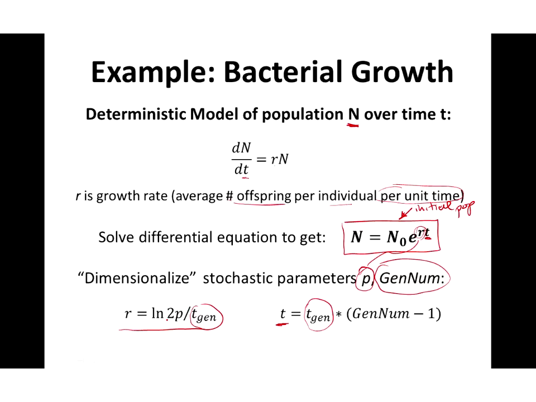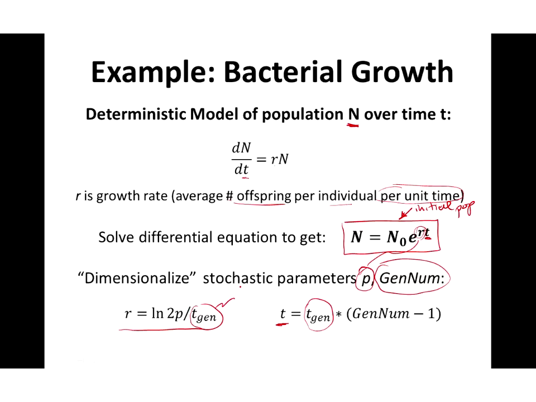The log 2p requires a fancier statistical mathematical argument that I don't have time to do here, but you can take my word for it, and we'll try to prove it momentarily by comparing the two results. For the purposes of our demonstration, we'll need some value for t-gen.